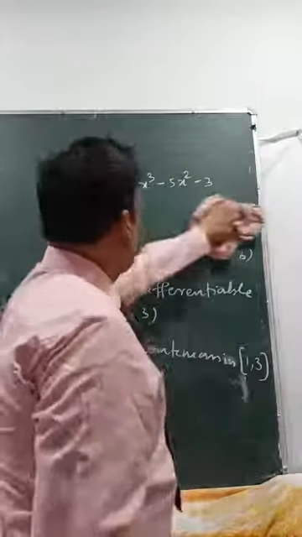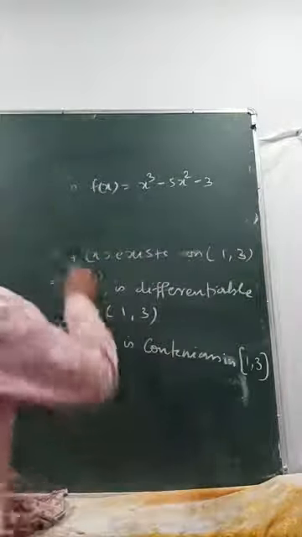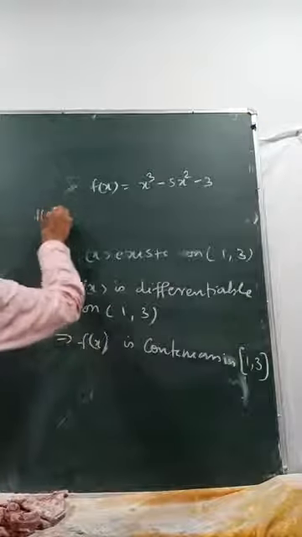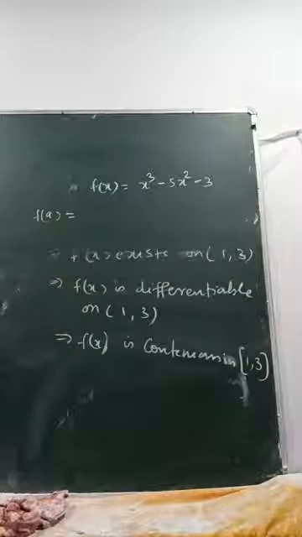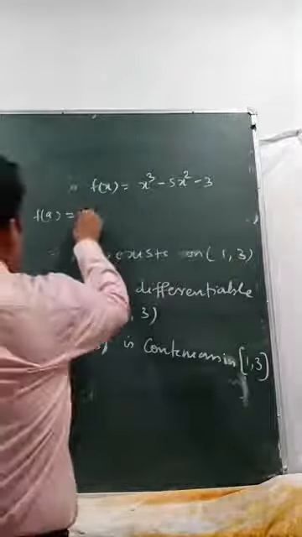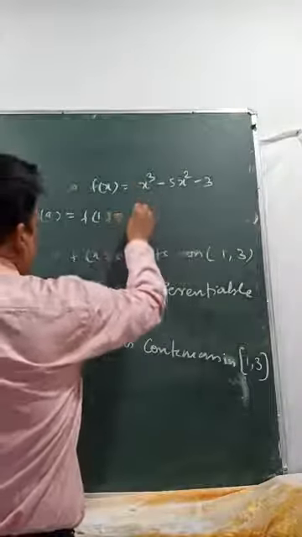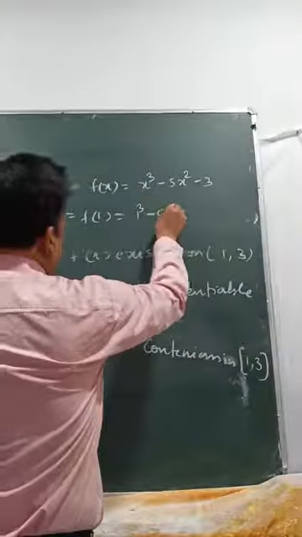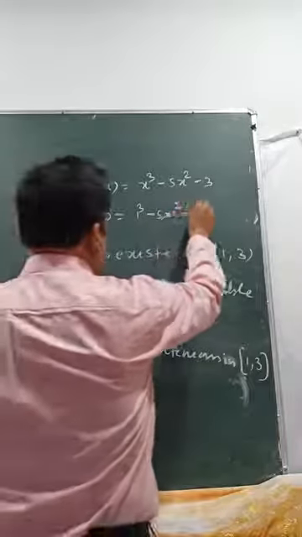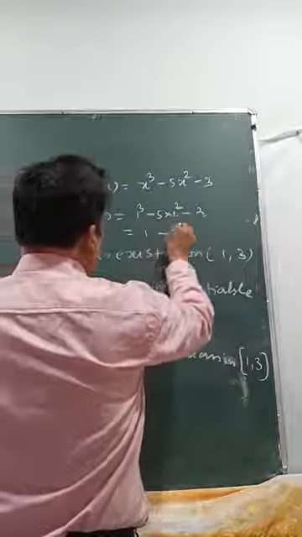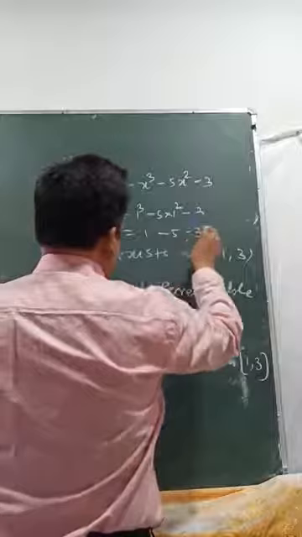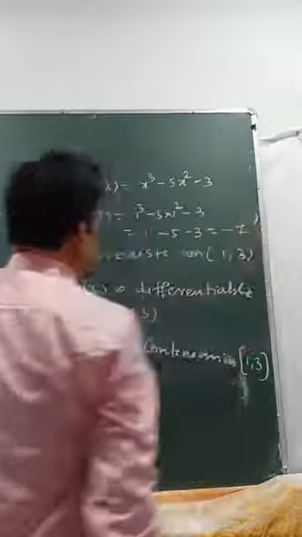Okay, now look here. What is f(a)? f(a) means f(1), which is 1 cube minus 5 into 1 square minus 3. 1 minus 5 minus 3, that is minus 7.